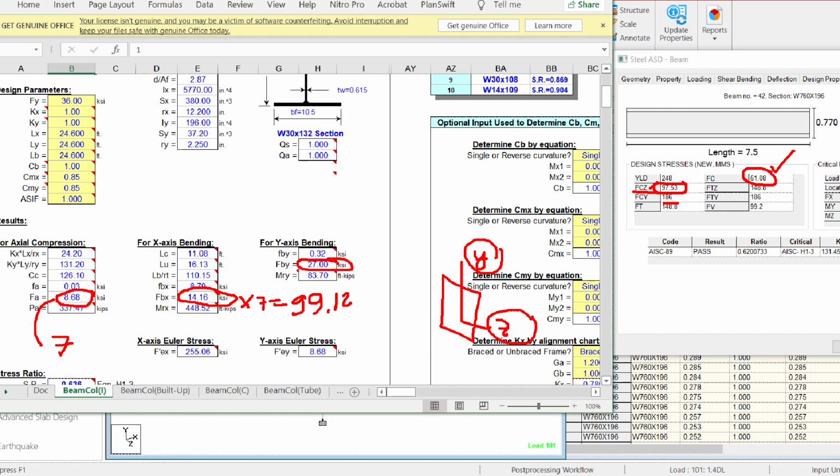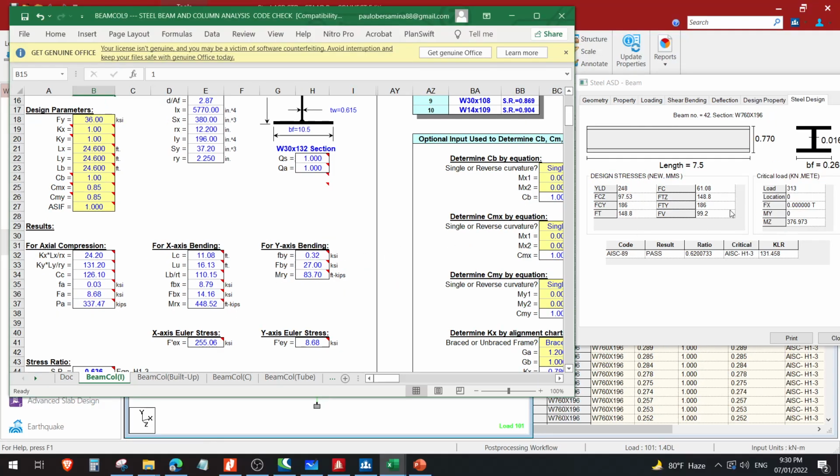No? Allowable bending capacity sa weak axis. So, multiply by 7. So, we got 189, which is pretty close dito. So, 186 kay STAAD. Okay? So, that's how you manually verify, no, yung output ni STAAD, no? Okay?